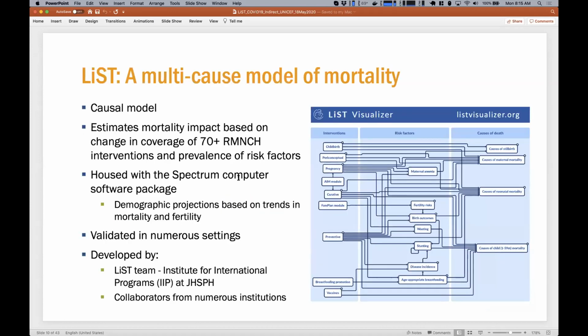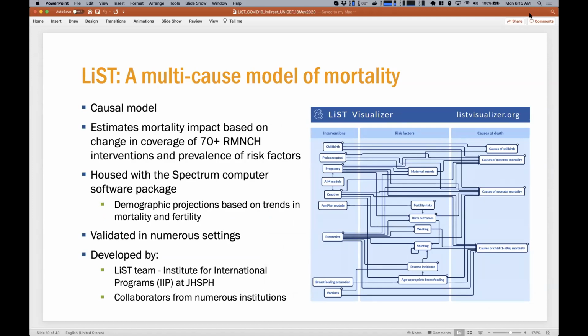So I just wanted to give a quick introduction to the LiST tool. LiST is a linear deterministic mathematical causal model used to estimate mortality impact based on a change in coverage of interventions and prevalence of risk factors. The tool is housed within the Spectrum computer software. So it's based around a demographic projection tied to trends in mortality and fertility.